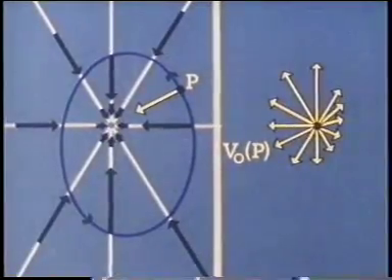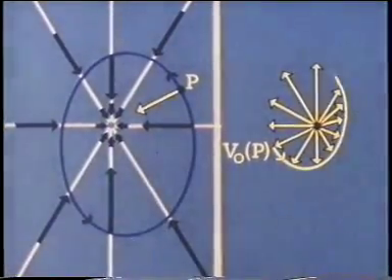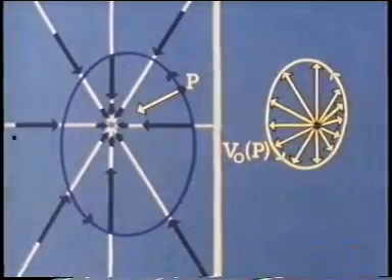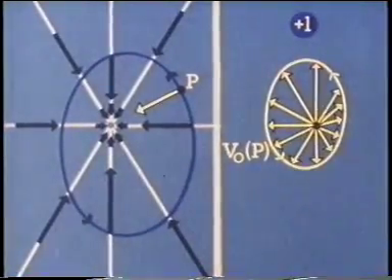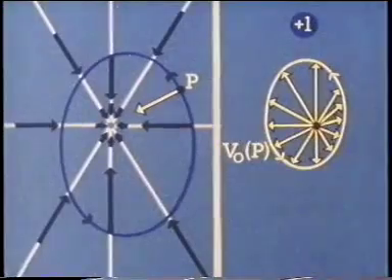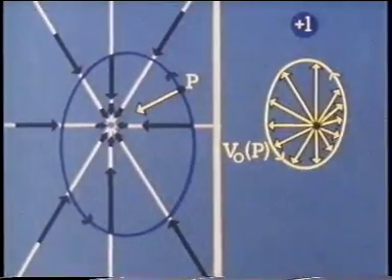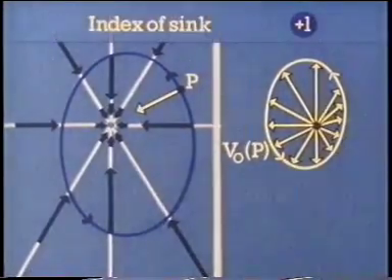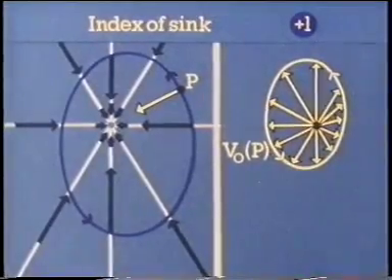To put it another way, the curve traced by the sharp ends of the V0 vectors has winding number +1 about the fixed base point. And this is precisely the number we take as the index of the sink, +1.